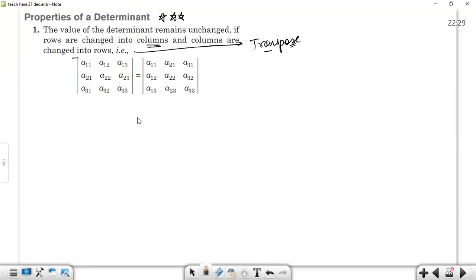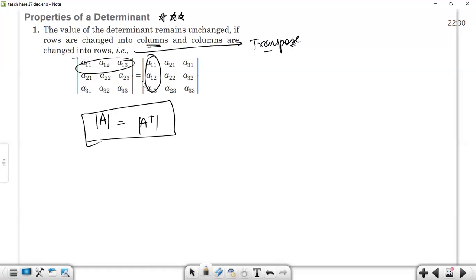Basically, the determinant of a matrix is equal to the determinant of its transpose. The second row has become the second column, the third row has become the third column. This is the property.